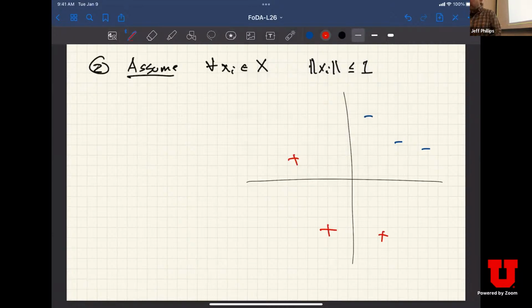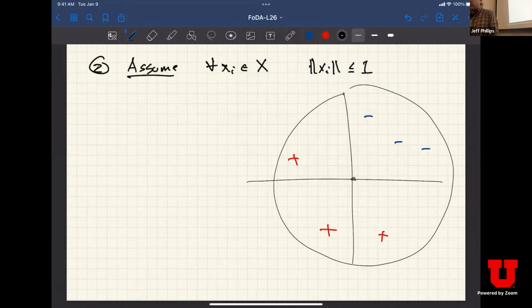And I'm going to assume that there exists some unit ball centered around the origin. So this length is going to be 1, and all the points are then going to be inside this ball.